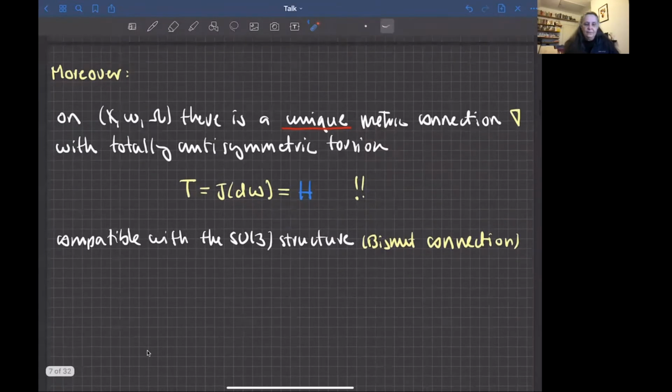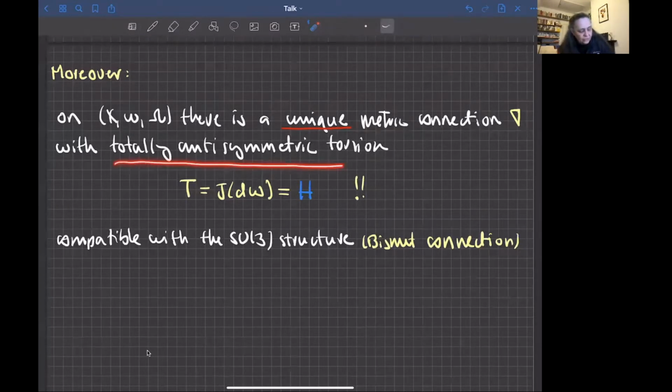Okay. So there is more, something that I already mentioned when I defined the Hull-Strominger system. In a manifold with an SU3 structure, there are connections that are compatible with the SU3 structure, in other words, a connection with holonomy SU3. But in this case, there is a unique metric connection, nabla, with totally antisymmetric torsion, which is equal to the flux, right?